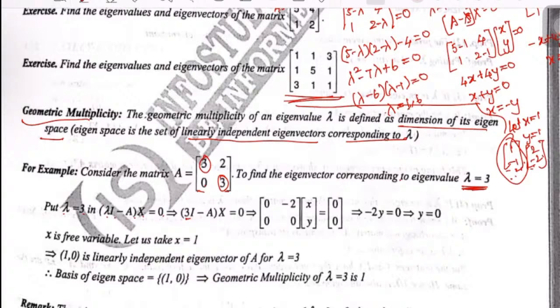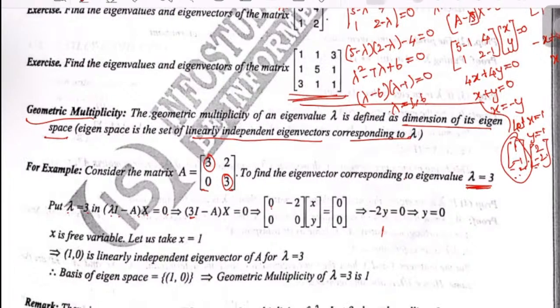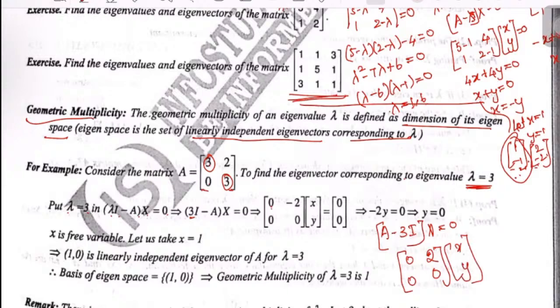Substituting 3, we get 3 minus 3, 0, 2, 3 minus 3 is 0, into x y. Here they have taken lambda I minus A, I am taking A minus lambda I equal to 0. So 2y is equal to 0, which implies y is equal to 0.